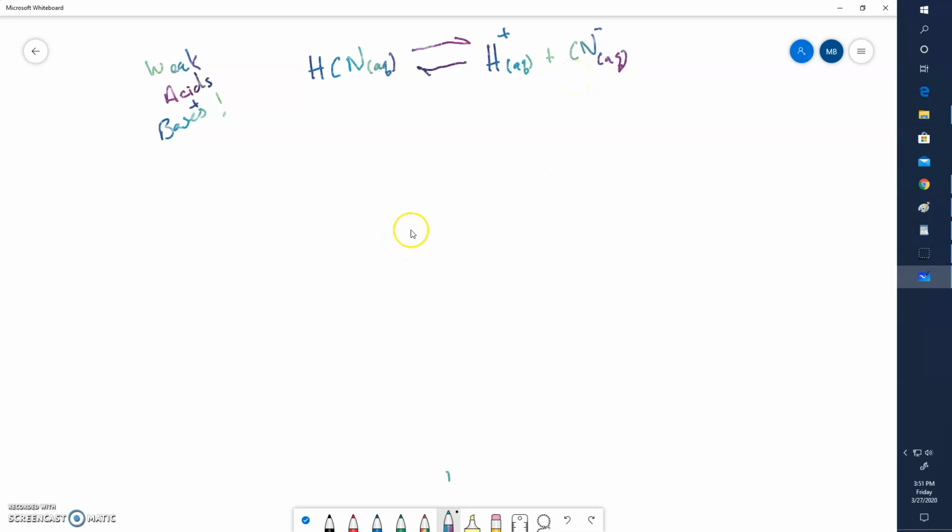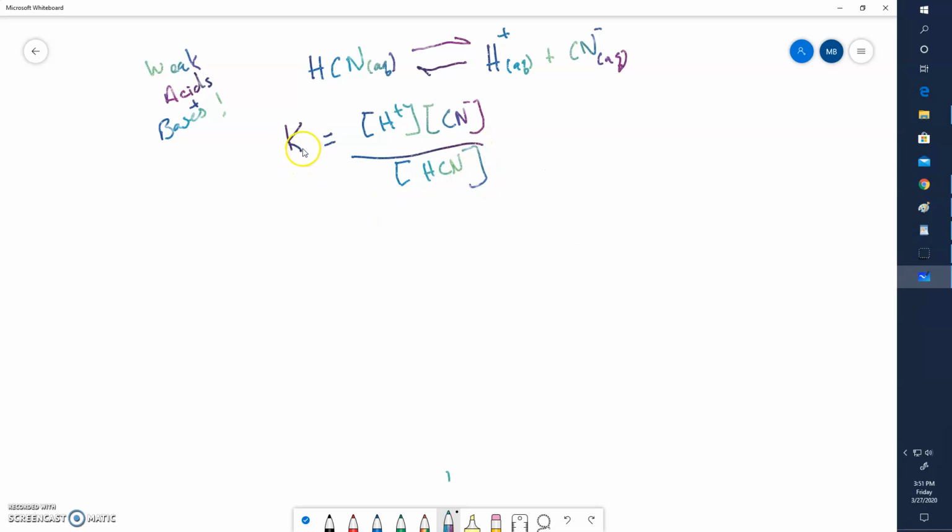Since it's not 100%, and weak acids and bases exist as an equilibrium, we can write this as an equilibrium expression. So we have our K. Remember, it's the concentration of products over the concentration of the reactants. So we have H plus times the concentration of CN minus all over the concentration of my original acid, HCN.